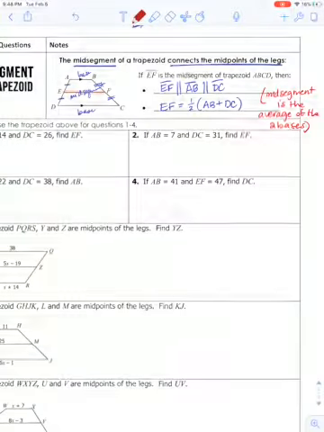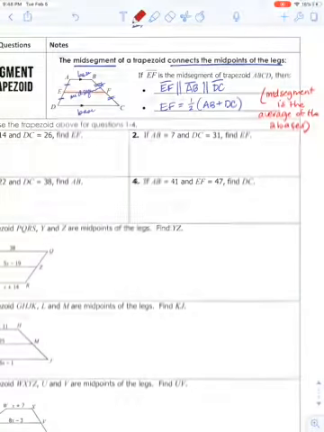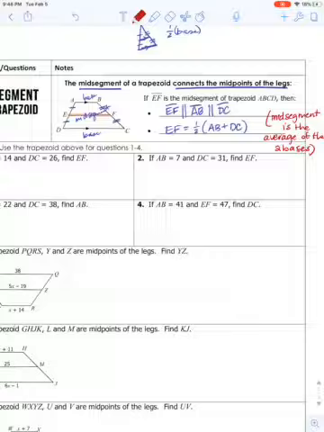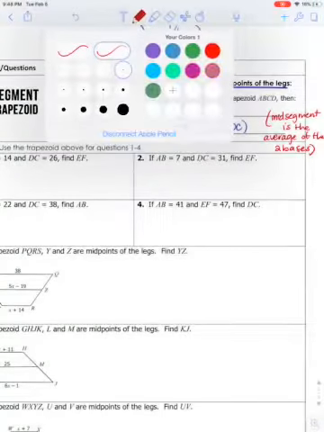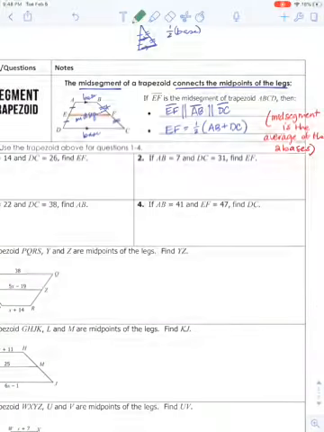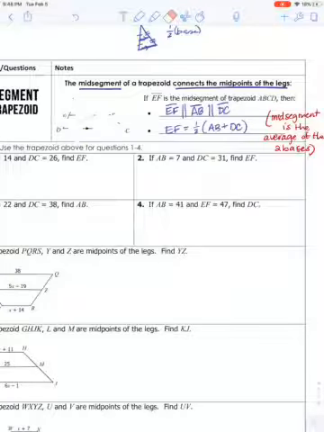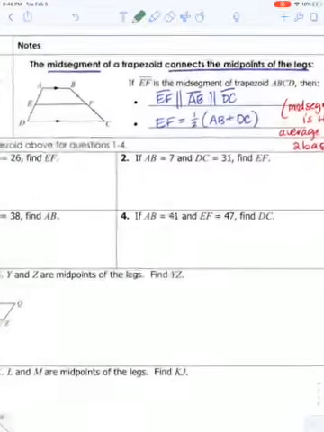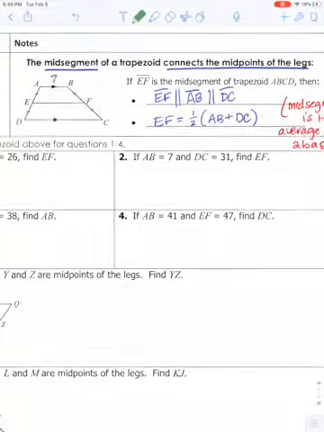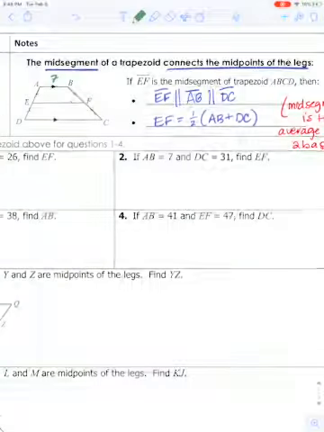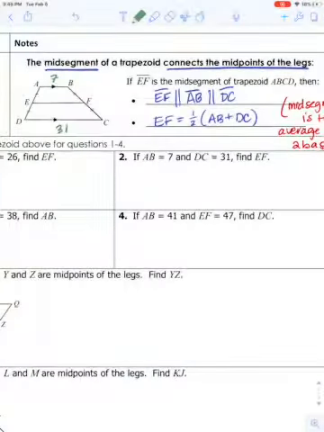So how do we apply that to solving equations? Look at number 2. We're using the same picture up here, so I'm just going to clear it. If AB is 7 and DC is 31, find EF.